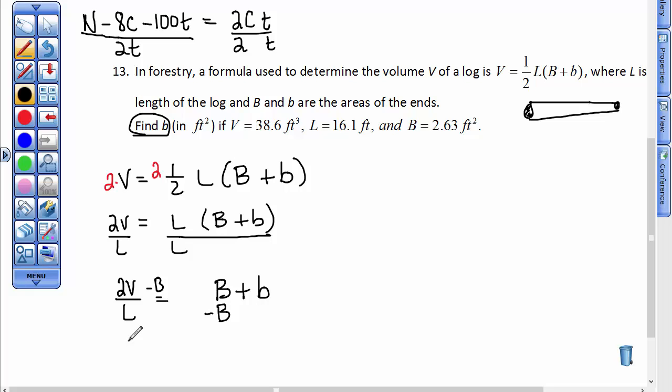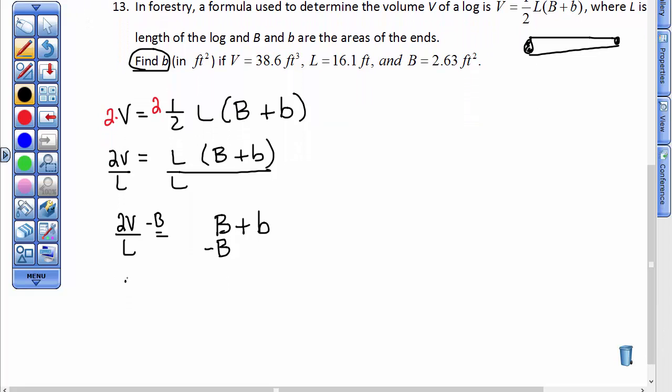So finally, I have, trying to scroll down, see if I can get this. 2 times V divided by L minus the capital B equals little b. So let's now take this equation, 2 times V divided by L minus capital B, and substitute the numbers in.